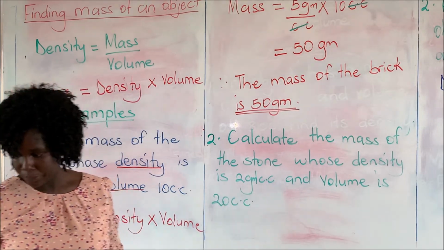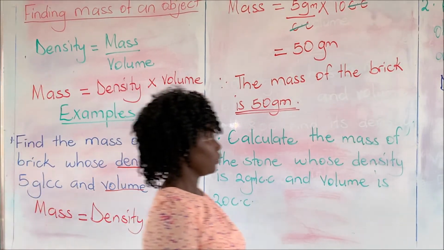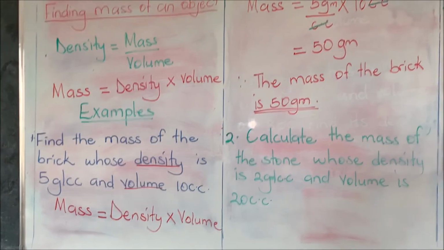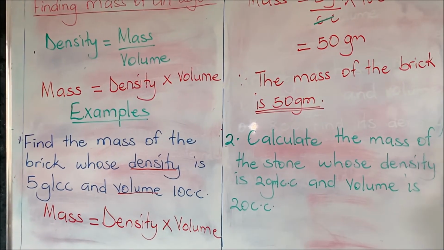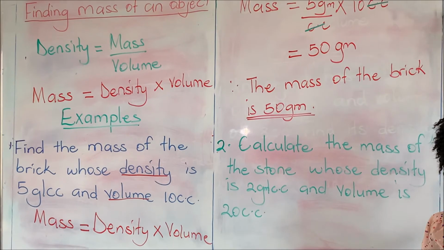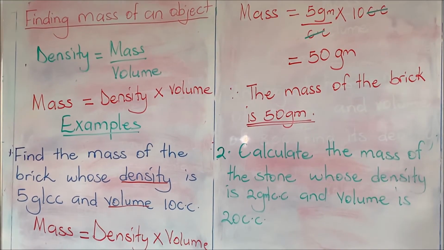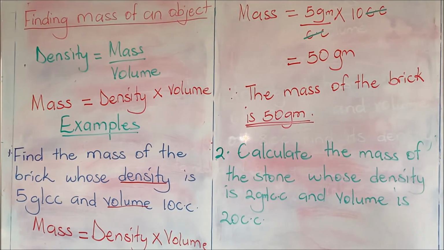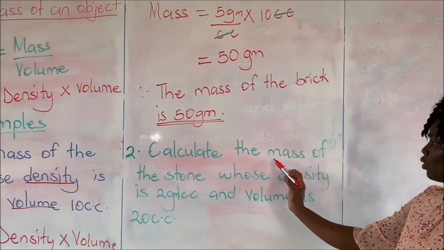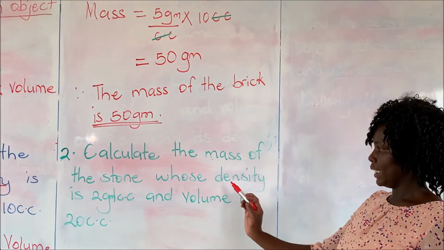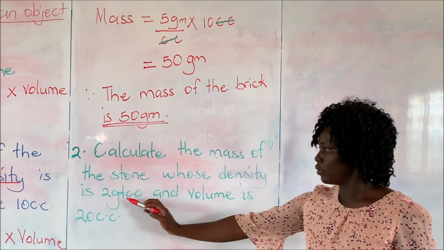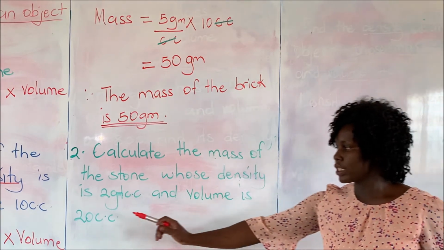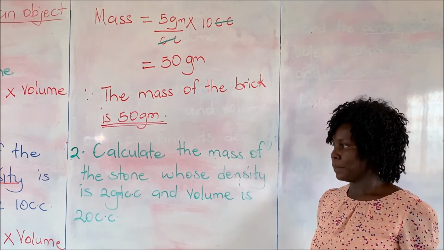Have a look at the question. In the question, what are we looking for? We need the mass. What is given? Density is given, which is 2 grams per cubic centimeter. And the volume is also given, which is 20 cubic centimeter.